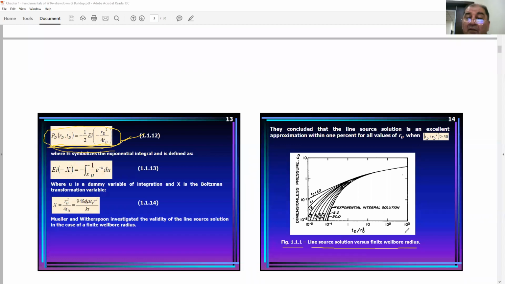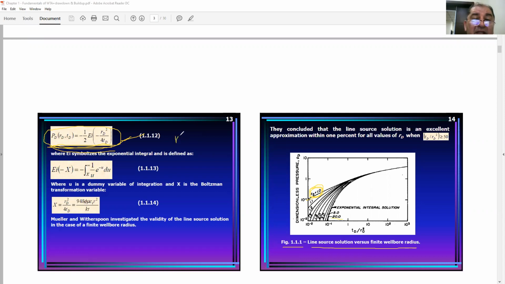This figure is designed for different R_D values, starting from 1, going to 1.1, 1.2, until 20.